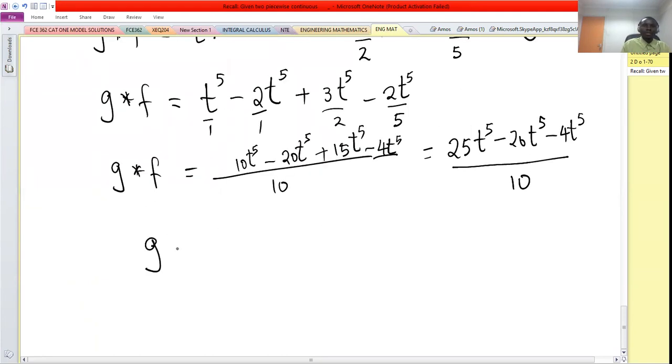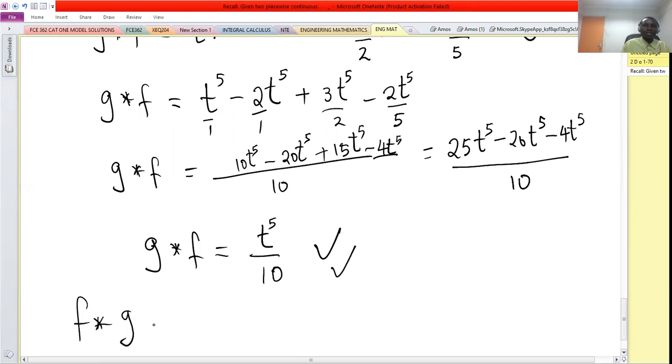So therefore, g star f will give us t power 5 over 10. And clearly, you see this is the same answer we got for f star g.